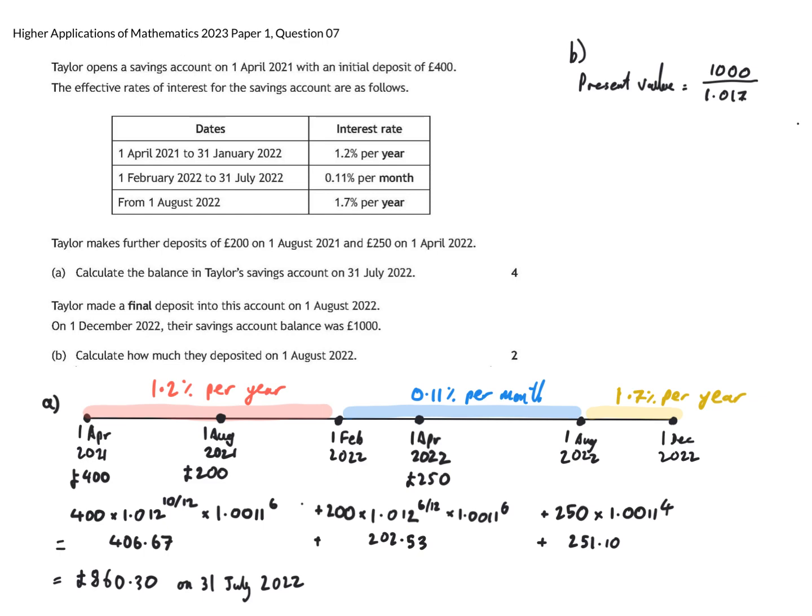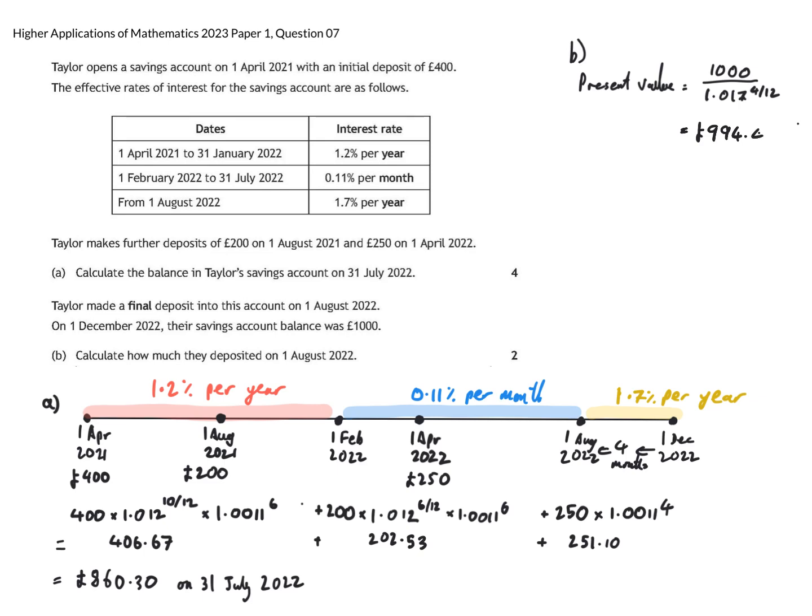We are going to undo the interest that was added through August, September, October and November. So this is 4 months we're undoing here. So it means our multiplier is going to be to the power of 4 out of 12. Again, because this is a yearly interest rate, we're going to have 4 out of 12 for our index there.